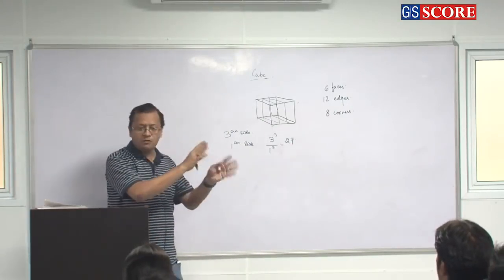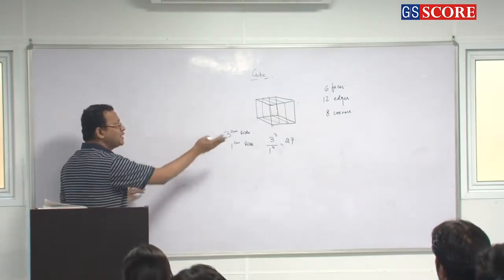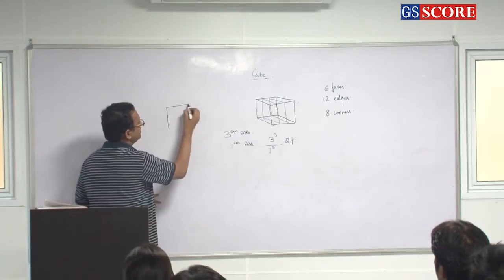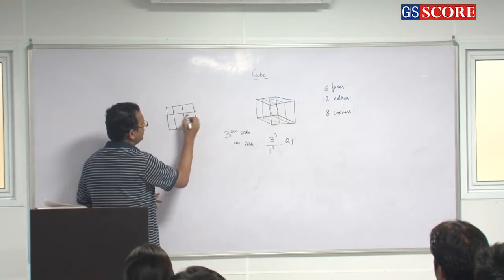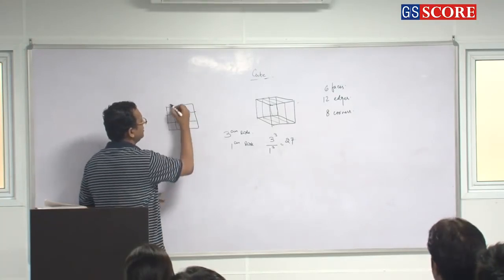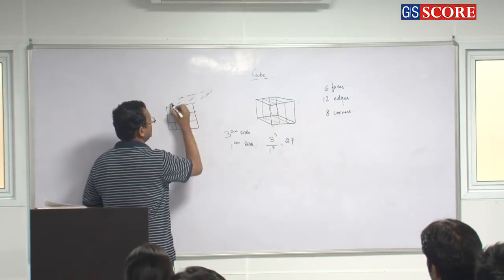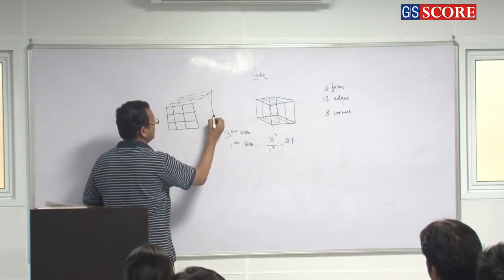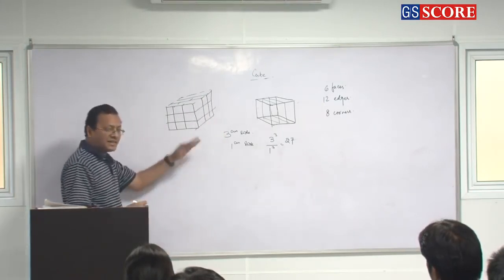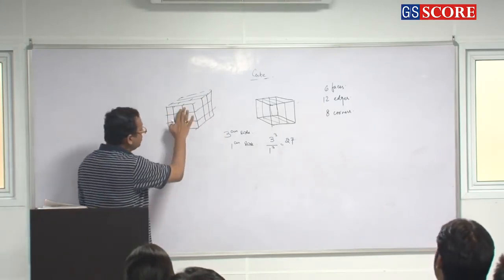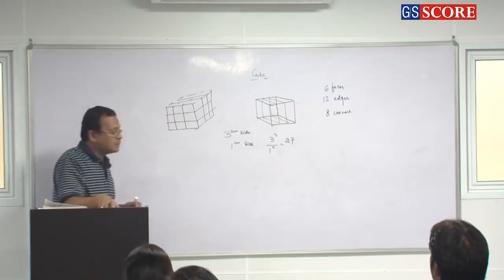Take any face, the view will be same. Take any face, the view will be same. So I take one face here. So this will be the condition of one face, because this is what the scene will be, isn't it? The rest of the three only follow. So follow only this part, isn't it?